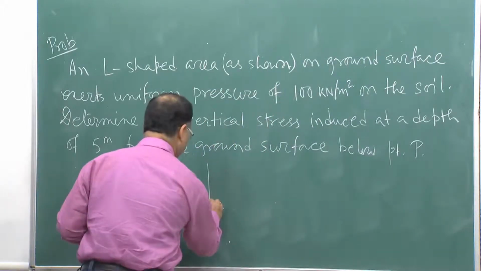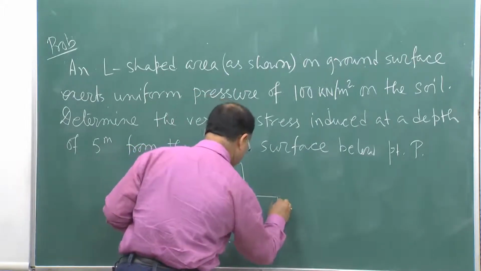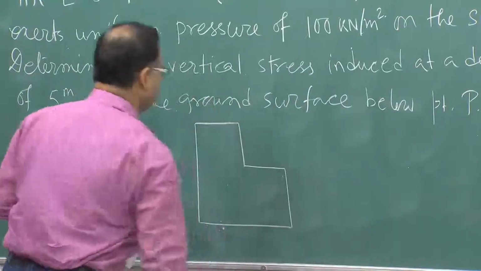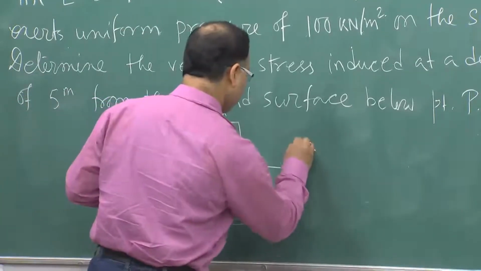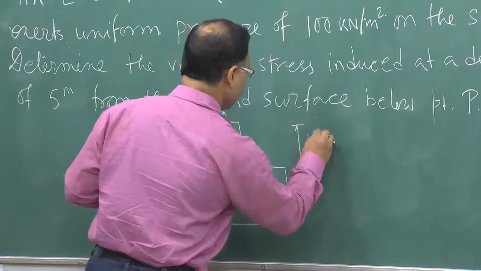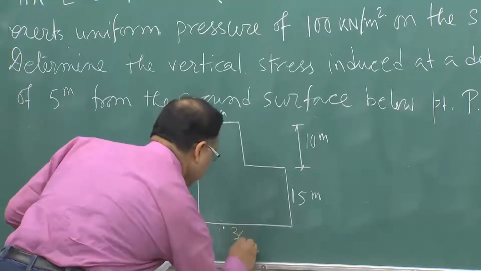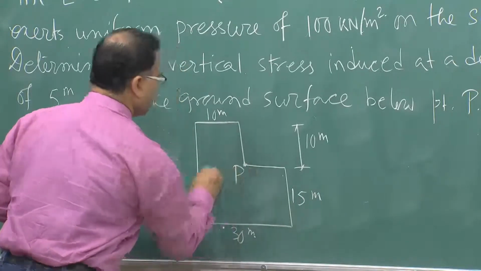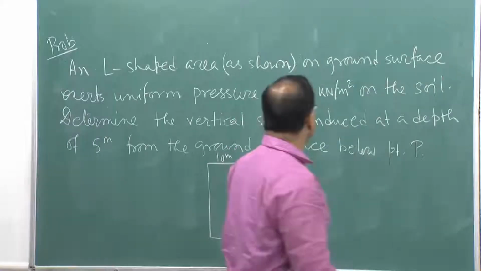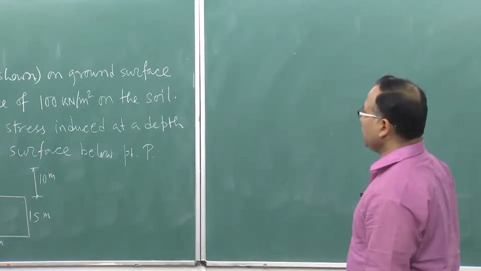So, this is the L shaped area, this is 10 meter, this is also 10 meter, this side is 15 meter, this is 30 meter, and this is the point P. So, an L shaped area as shown in the figure on ground surface exerts uniform pressure of 100 kilonewton per meter square, that is nothing but Q naught, on the soil.